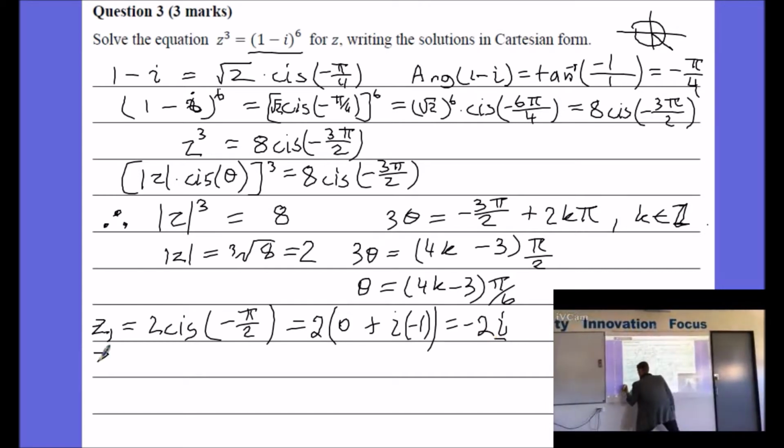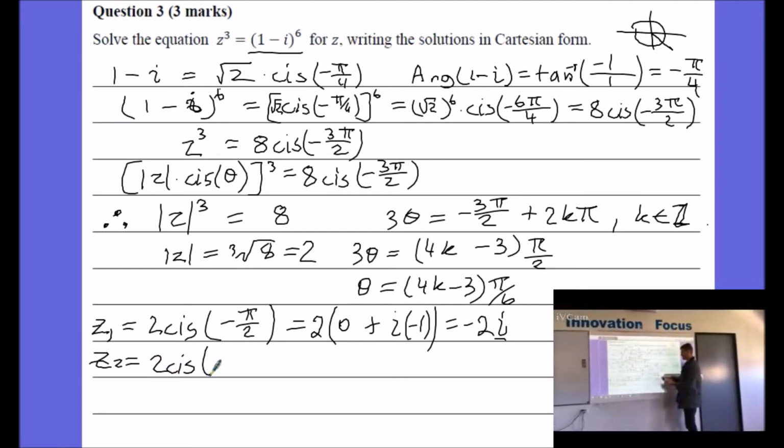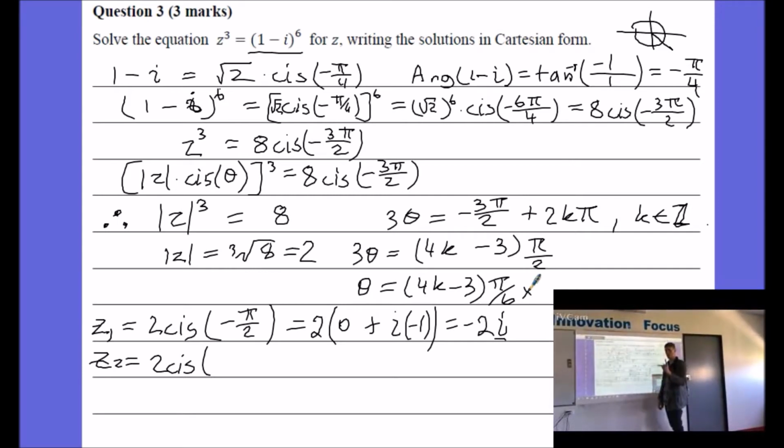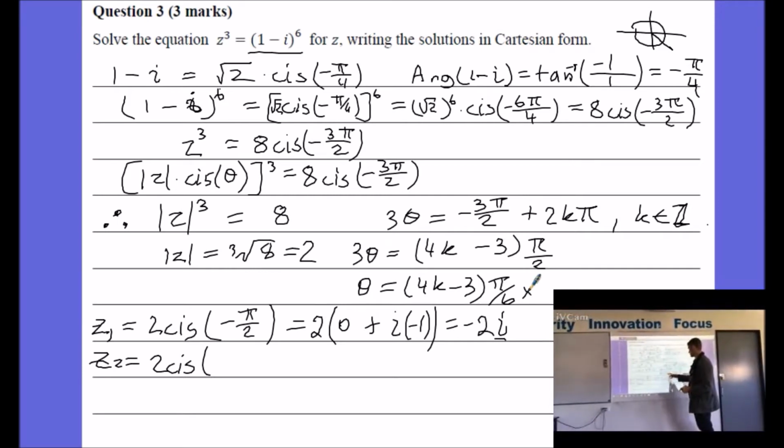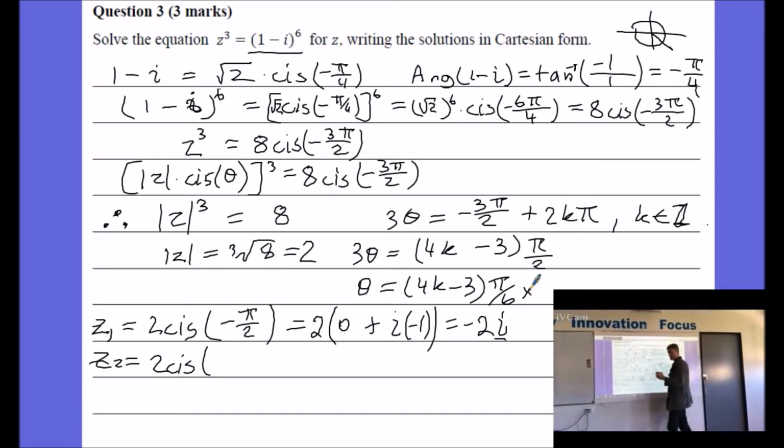Okay, second one, z2, 2 cis. Now this is found on this rule when k is 1. So if we put k equals 1 there, we're going to have a 4 minus 3, which is a multiple of 1 of pi on 6.